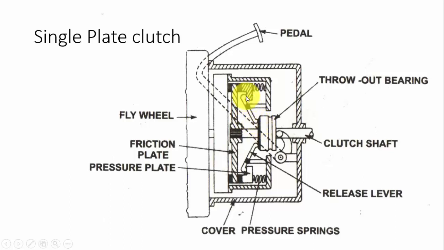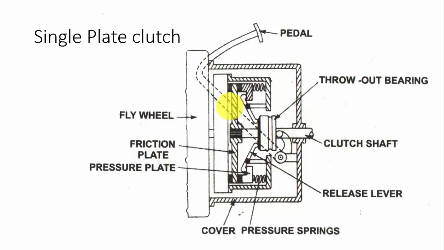So when this point is moved toward the right hand side, this pressure plate is released from the friction plate. Thereby the flywheel is disengaged from the clutch shaft. So the power will not be transmitted from the flywheel to the clutch shaft, that is, the power will not be transmitted from the engine to the transmission.